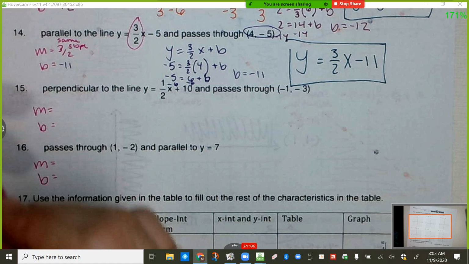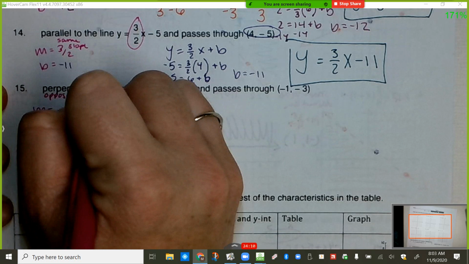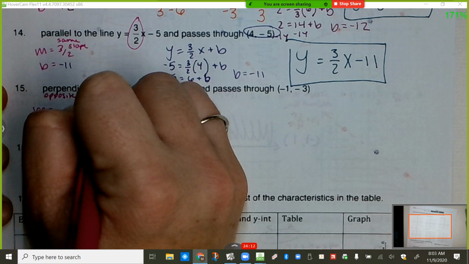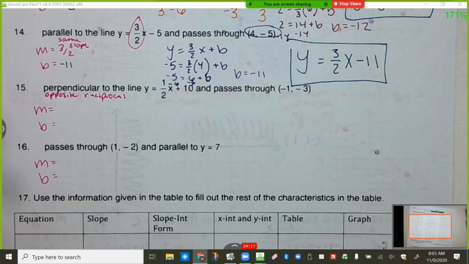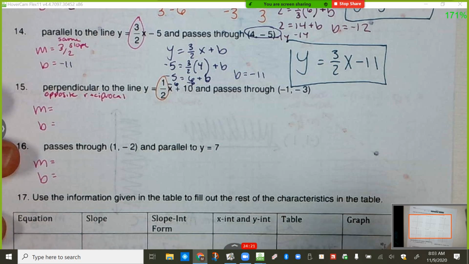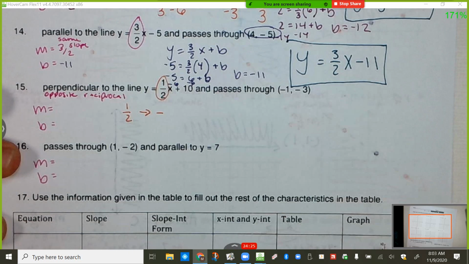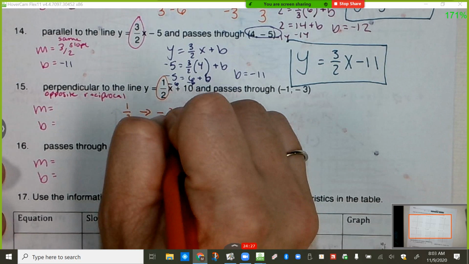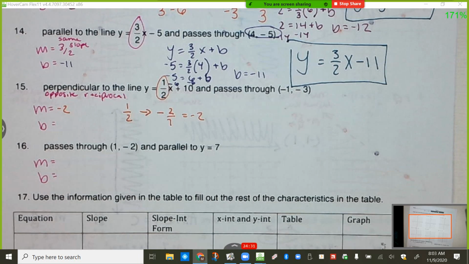Okay, perpendicular means opposite. Reciprocal. Y'all, I probably spell it different every time, so no judgment. Okay, I know my slope is a half, but I have to figure out the opposite reciprocal to that. So 1/2 is positive, so I know that it's going to become negative. And when I flip it, I get 2 over 1, which is just negative 2. So I know my slope is negative 2.